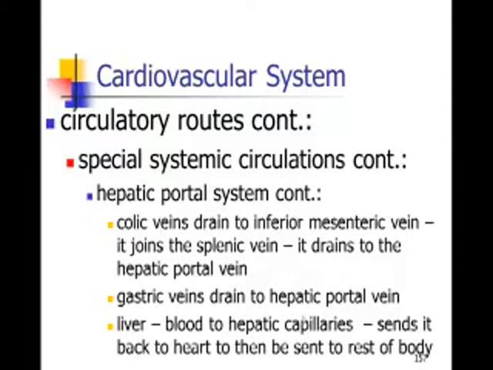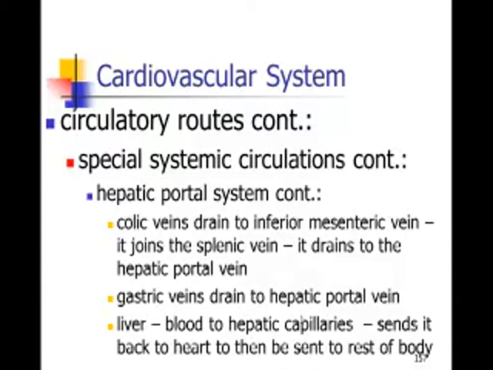The blood from that vein drains into hepatic capillaries, and the liver has an opportunity at that point to modify the contents of the blood, and then once they leave those hepatic capillaries, it gets sent back to the heart by the hepatic vein, not a hepatic portal, hepatic vein, and then the hepatic vein drains into the inferior vena cava, and then the inferior vena cava sends the blood back to the heart, and then the blood gets distributed to the body.